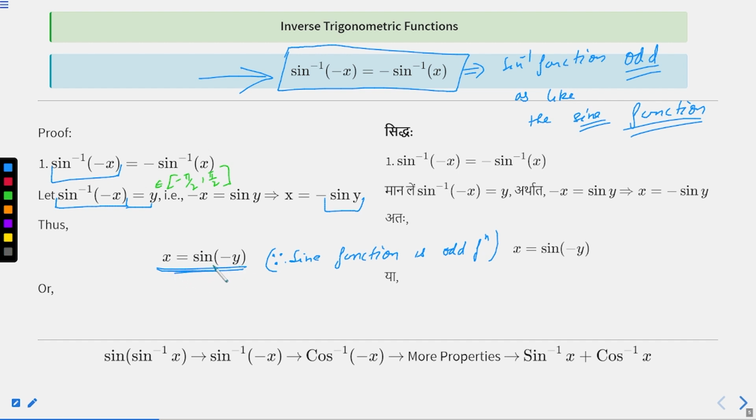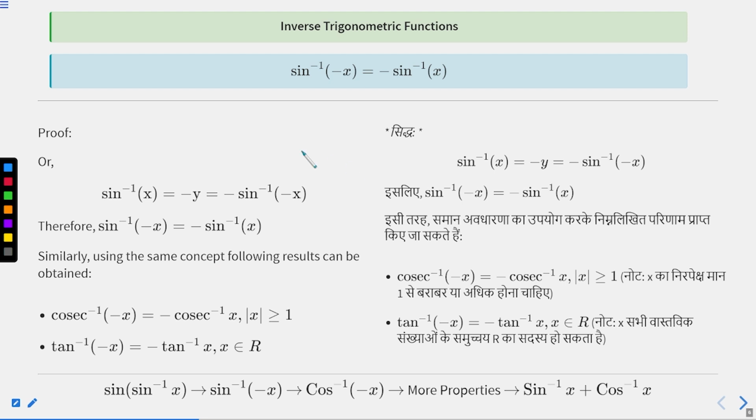Now what we will do? We put these values as sine inverse x. Now sine inverse x is equal to minus y. And we took sine of minus x as equal to y, and then we substitute this value of y, which is sine inverse minus x, in here.